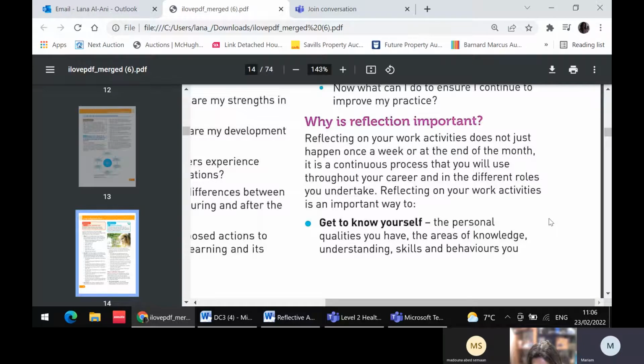Because you understand what you're doing. Yes, very good. You will be analyzing the situations, analyzing what you have done, and then you realize whether you did it correctly or incorrectly. And also you will realize if you need the training, if you need support from your manager.